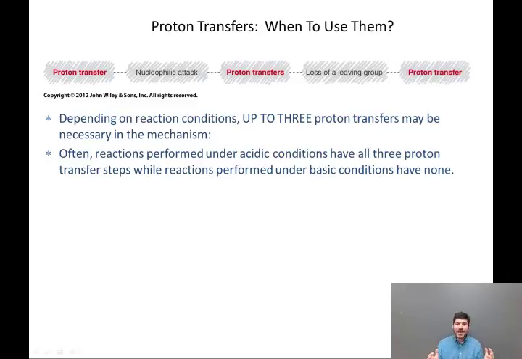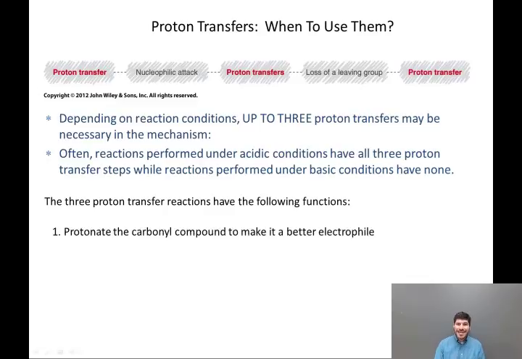But if you're doing the reaction under acidic conditions, you have to add 3 proton transfers to the mechanism, which ends up making the mechanism longer. Whereas under basic conditions, if we assume that we are starting with the nucleophile already deprotonated, there are actually no proton transfers.